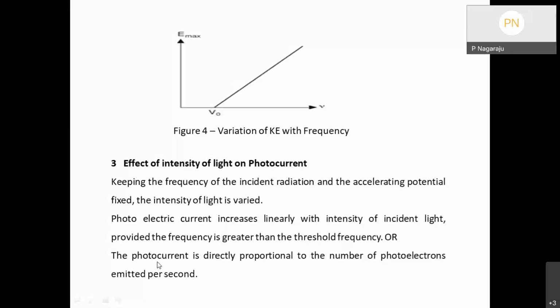Or we can put it, the photoelectric current is directly proportional to the number of photoelectrons emitted per second. That means if the intensity increases, the magnitude of the photoelectric current increases, but not the kinetic energy. The kinetic energy increases only with the frequency.